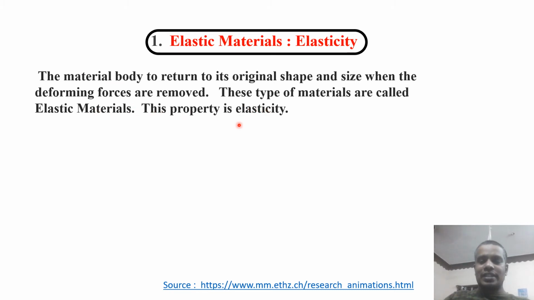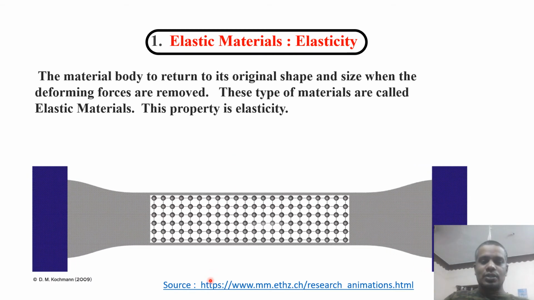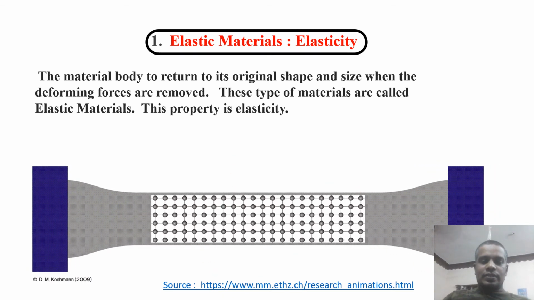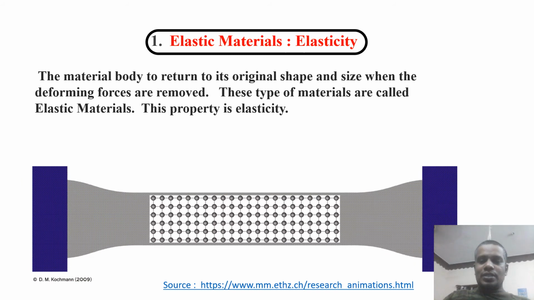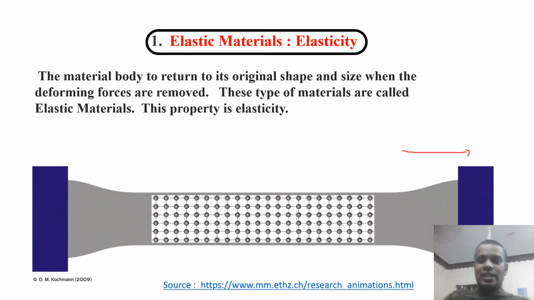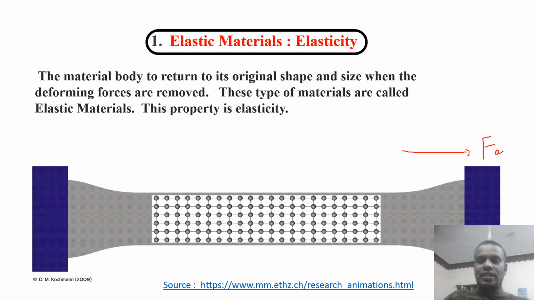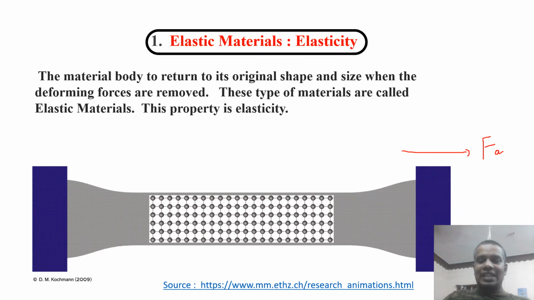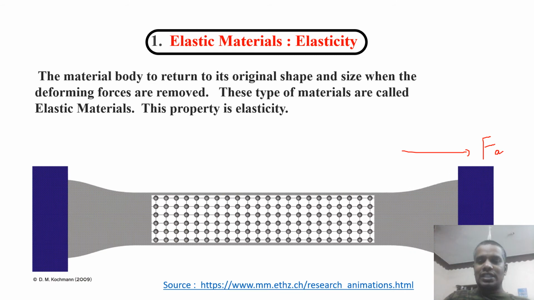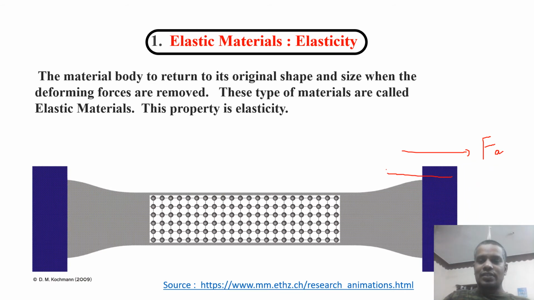The property is elasticity. Look at this picture. It is taken from a source. Here, suppose I'm pushing this rubber band in this direction by giving some applied force FA. What it will do? Internally there is a force forming due to the elasticity of the material.